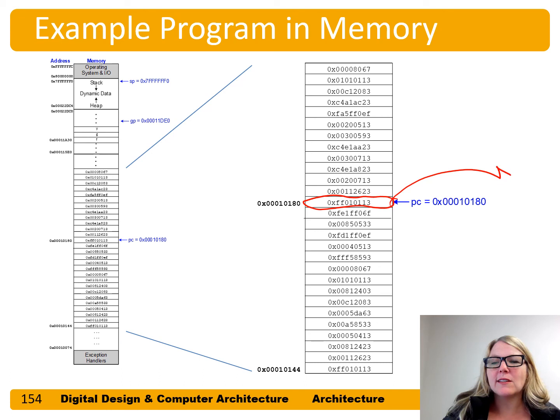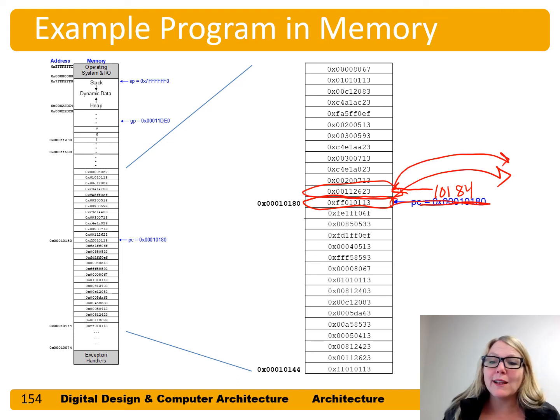That instruction is fetched into the processor, executed, PC is incremented by 4, and the new PC becomes 10184. That instruction is now fetched from memory and executed, and so on until the program completes.